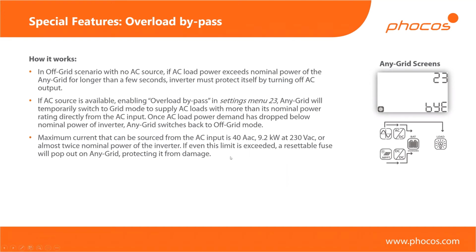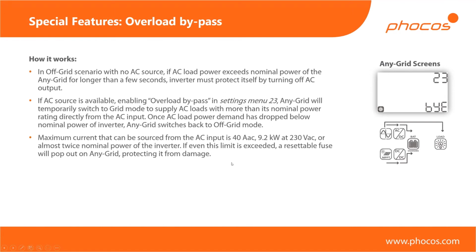So in such a case, let's say that you are using a 5 kilowatt inverter and your load has more than 5 kilowatts. If you do have a valid AC source, if you have a grid or if you have a genset that's running, you can tell the unit to switch to that AC source only temporarily to feed your load instead of switching off, because those are the only two options the inverter has.